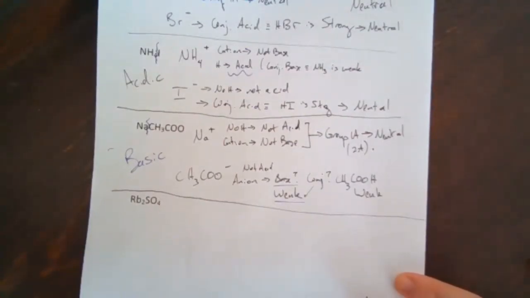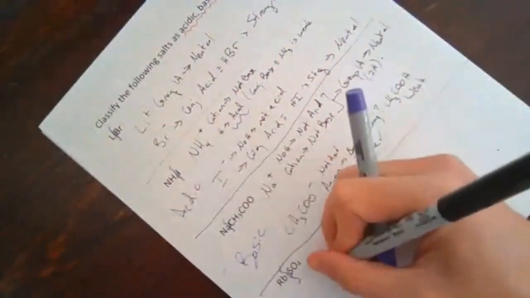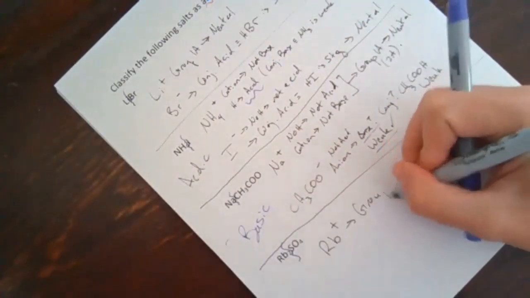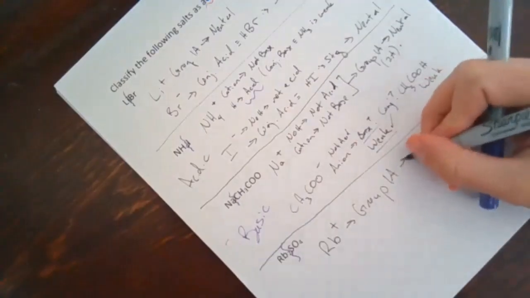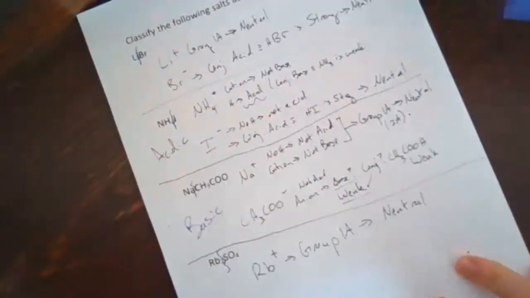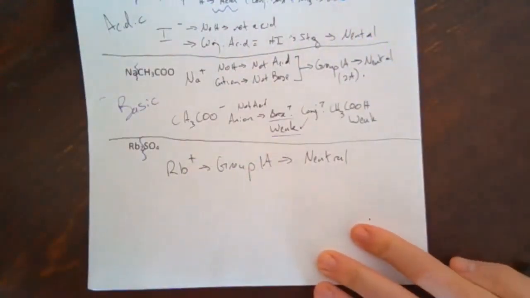And finally, we're going to look at rubidium sulfate, so the Rb there and the sulfate. Rb is not a common one, but it is in group 1A. Group 1A cations are always neutral. That leftmost part of the periodic table, that's why we use those ions a lot.